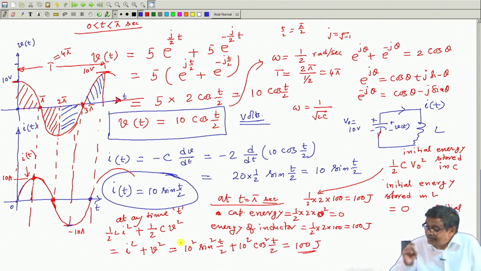At every step you can check, oh, this is how it looks. So make a habit of sketching waveforms of voltage and current in a time varying environment and try to interpret the results. Thank you.